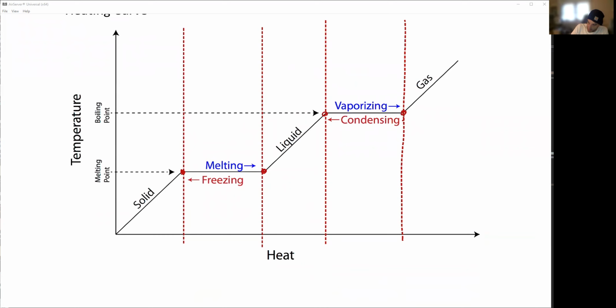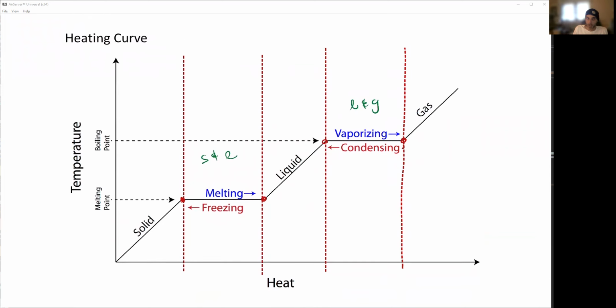So if we think in terms of solid to liquid to gas, in between these we have solid and liquid together, and we have liquid and gas together, okay? So these things are governed by how much heat.